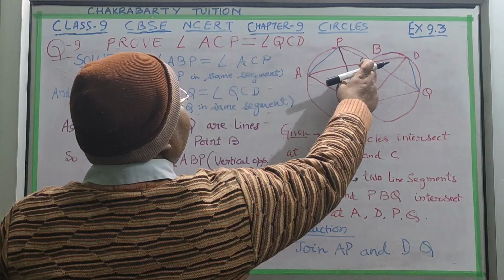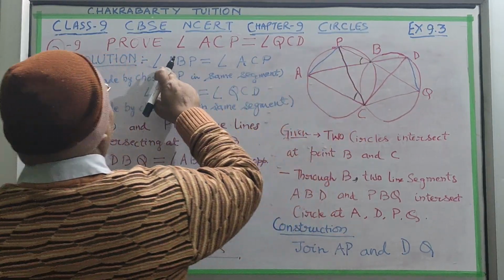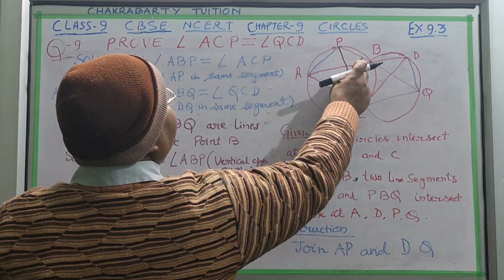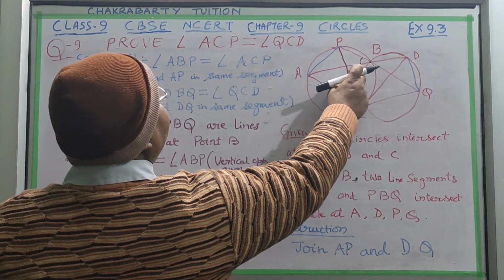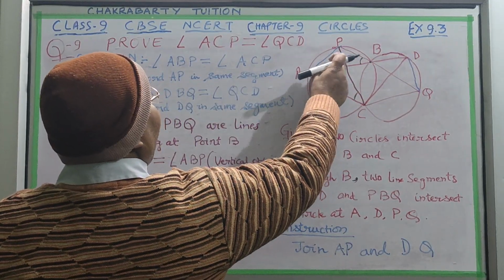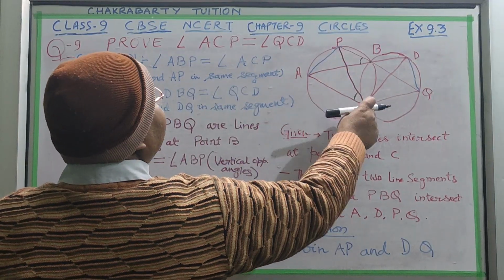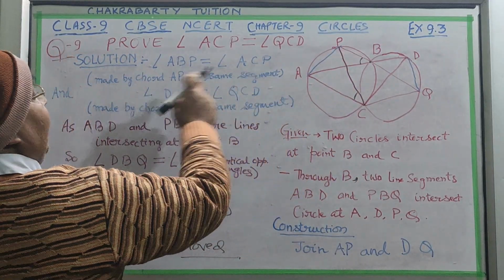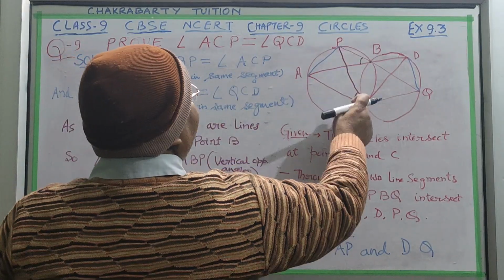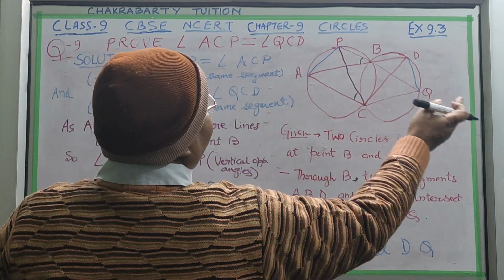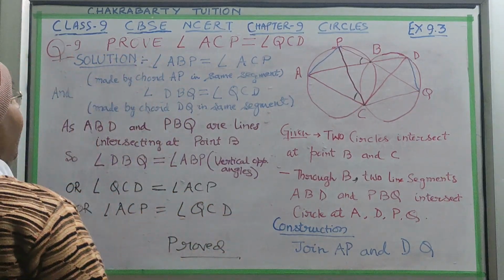It is PBA, ABP also we can say this angle B it is making. And the same chord, it is making an angle here also, PAC and P. And this angle and this angle will be equal because chords make equal angle at the same segment. Okay.